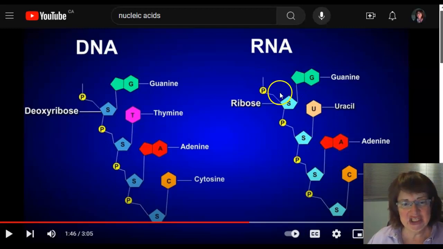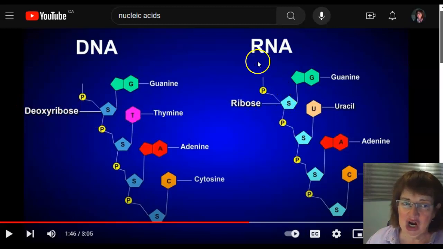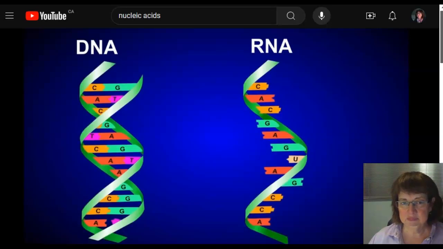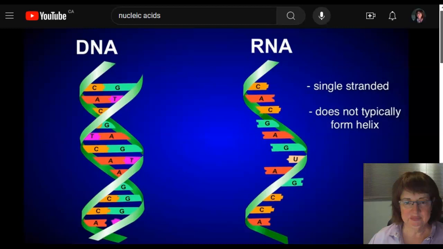It still has the sugar phosphate backbone, but the sugar is ribose, hence the R and not the D. And then you still have adenine, cytosine, and guanine, but instead you have uracil instead of thymine.